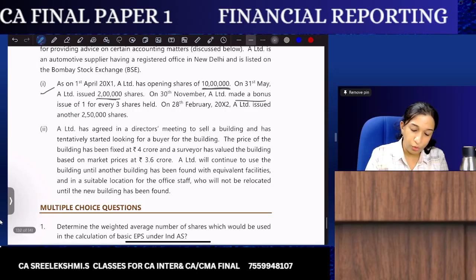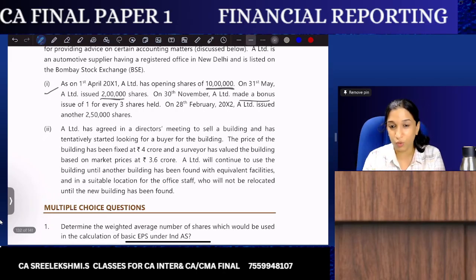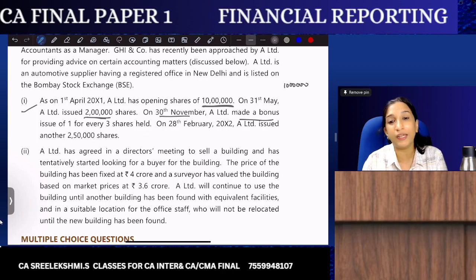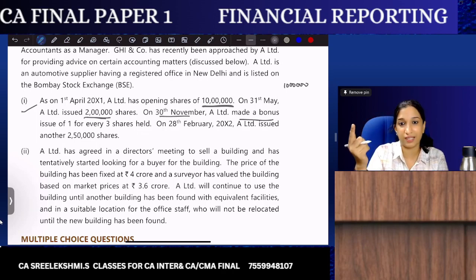So here, how do I calculate? The question was to calculate the weighted average number of shares, as in the study material illustration. Opening is 10 lakhs, but there is a bonus issue on this date. A bonus issue is normally considered as issued at the beginning of the previous year.